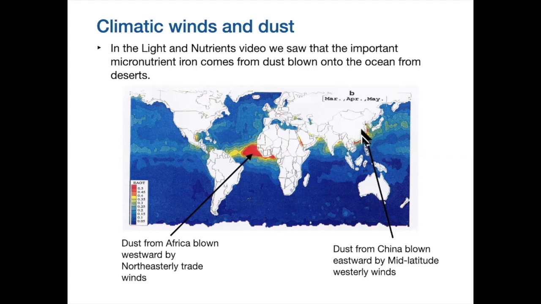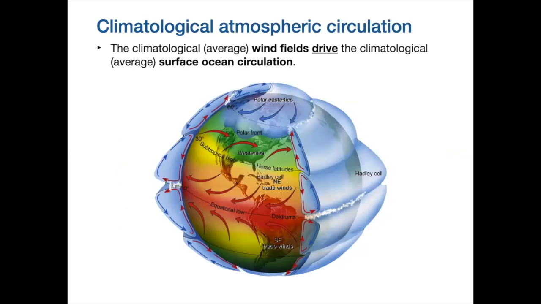At the latitudes for the deserts around China, we're in the mid-latitude westerly wind belt. So we're seeing that the dust is being blown to the east at that point. So just finally, we're going to see in the next section that the climatological winds drive the climatological upper ocean circulation.